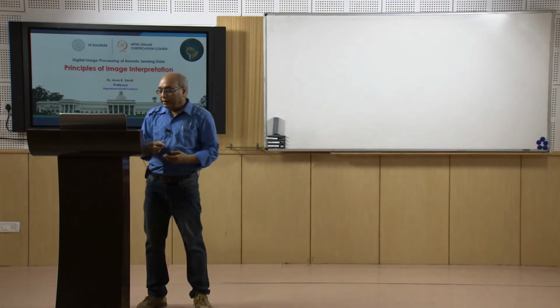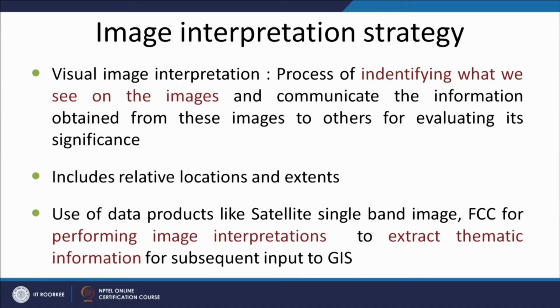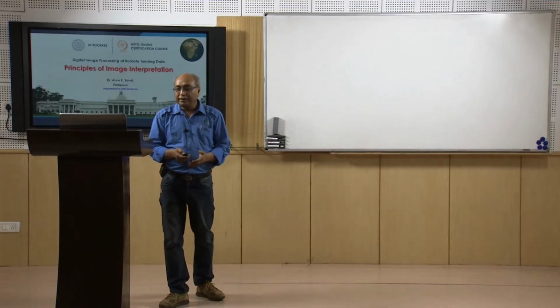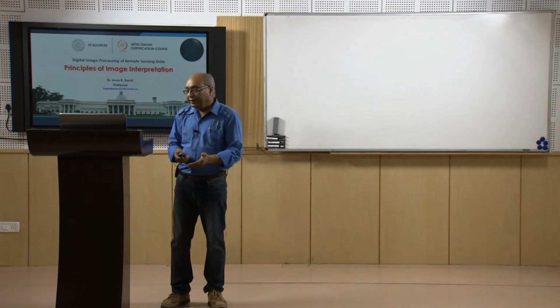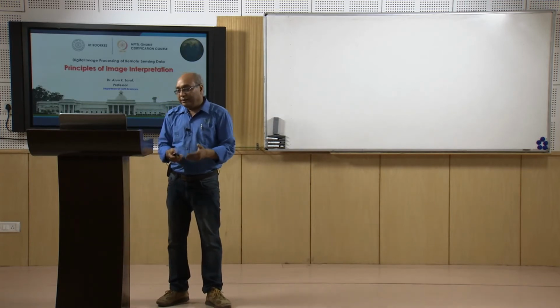So we use data products like satellite single band images and false color composites, performing image interpretation to extract thematic information for subsequent input to GIS or for creating some new products. So what are the interpretation keys? These are basically the criteria for identification of an object with interpretation elements or keys.